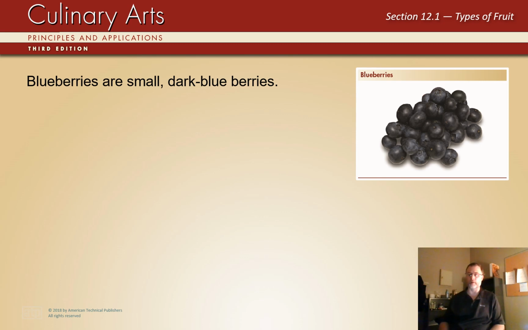Versus a wild blueberry, which could possibly be grown on a farm, but they actually were originally found in the wild. You can take a wild blueberry bush and grow them on a farm, but they're considered a wild blueberry because that was their origin.